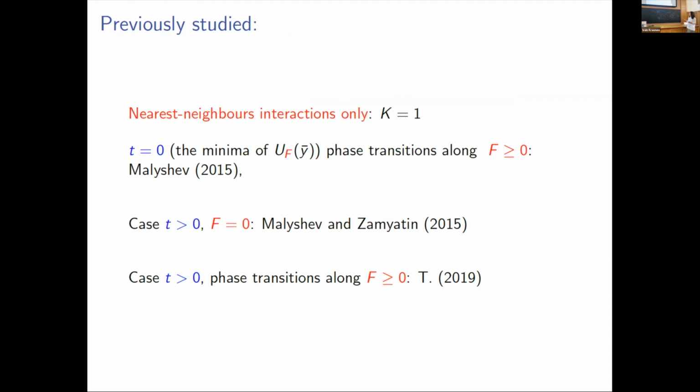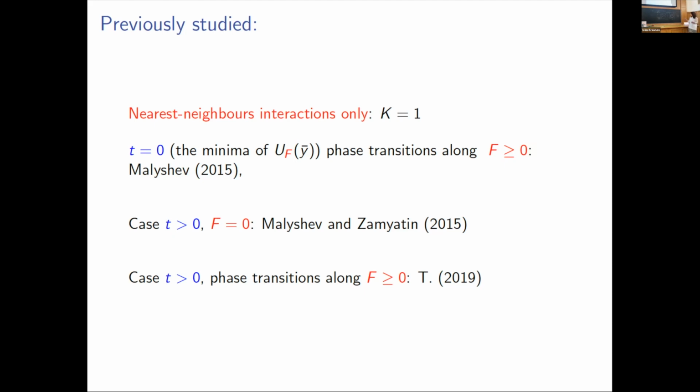Then when the temperature is strictly positive, Malyshev and Zamyatin studied the case when there is no external force. When there is no external force, of course, phase transitions are along the force, so that was not concerned. They studied the fluctuations and the order of fluctuations.